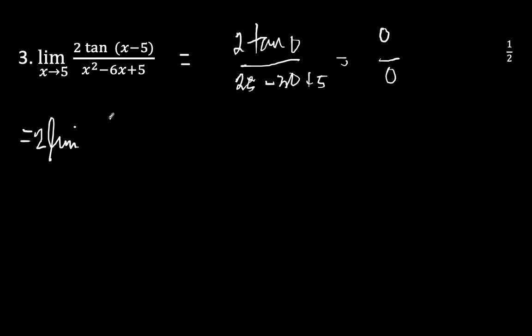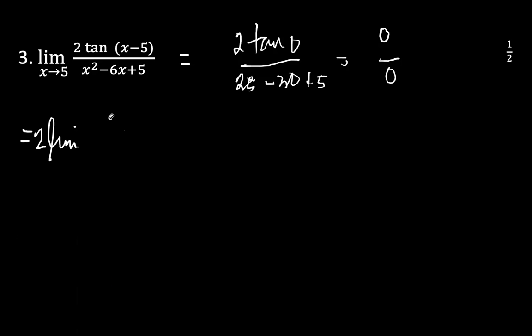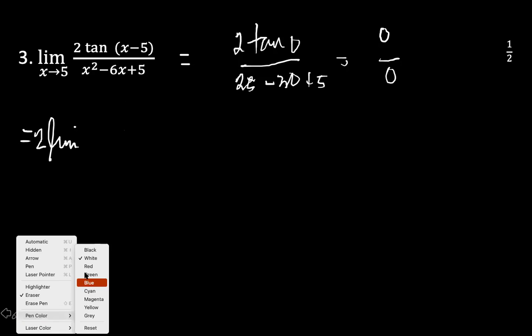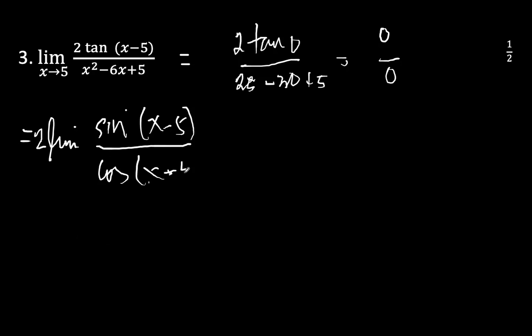So we have sine of x minus 5 over cosine x minus 5.